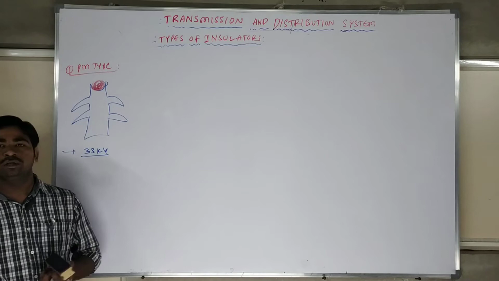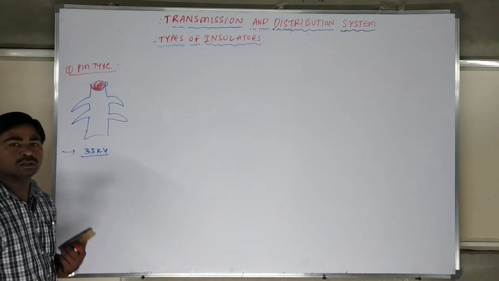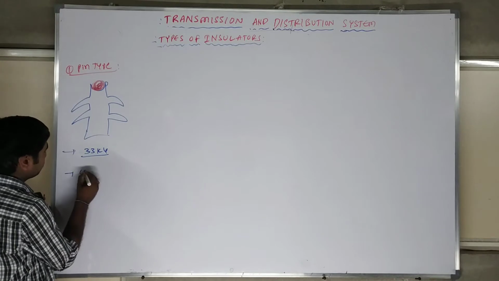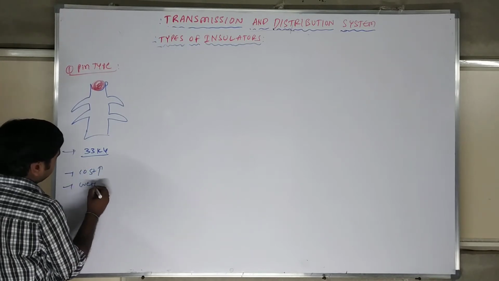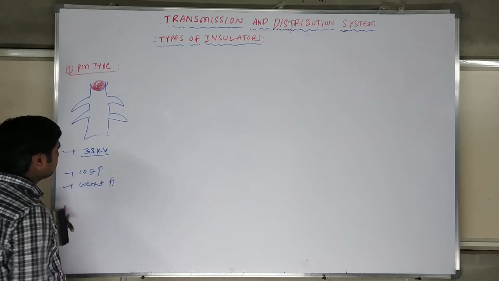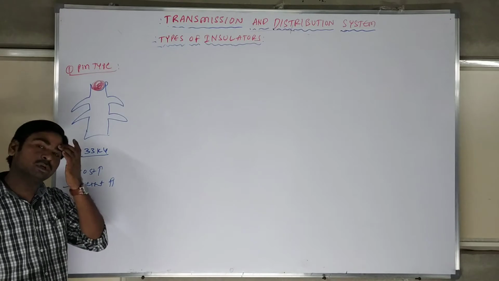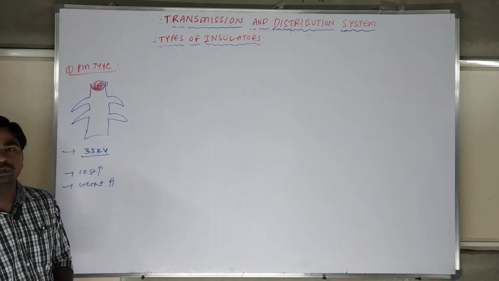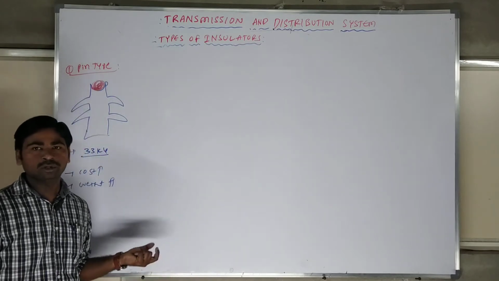If we use the pin type insulator at more than 33 kV, the cost and weight of the insulator are going to increase, and it becomes bulky. If the weight becomes bulky, automatically the line supporters, the transmission poles, have to bear some other burden.